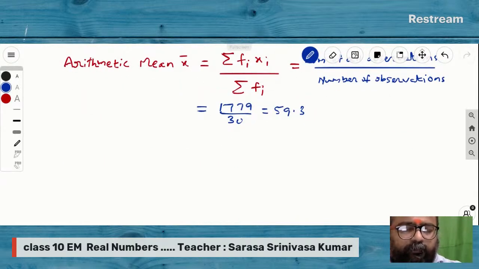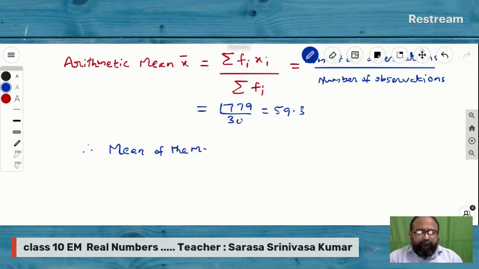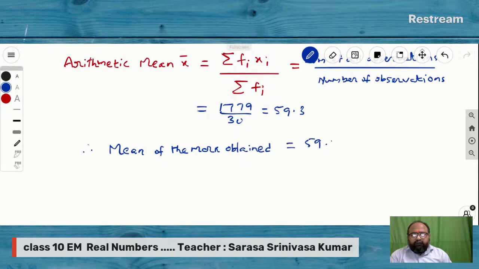So the mean of the marks obtained is 59.3.